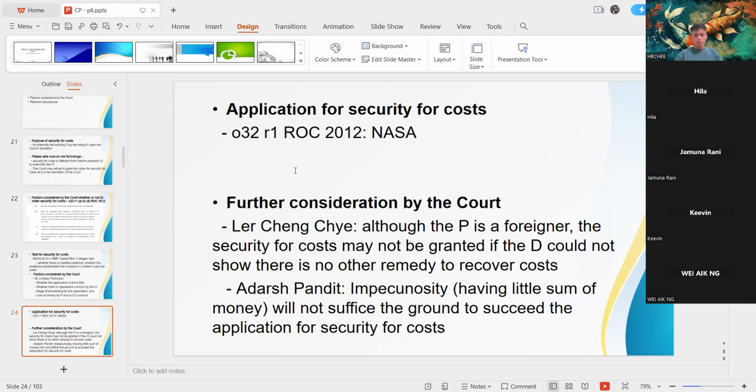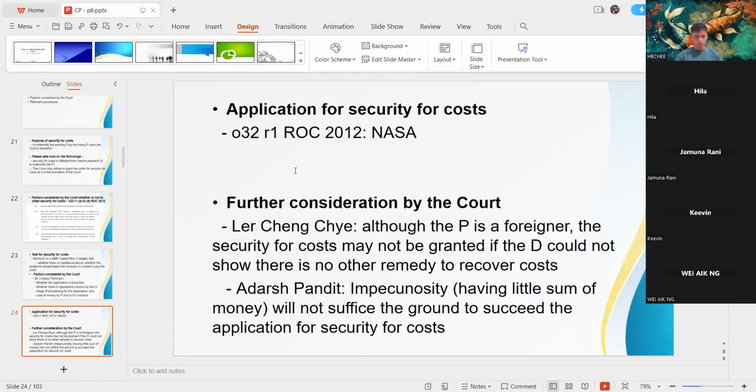So there are also certain factors considered by the court. First, in the case of Le Ching Chai, Le Lam is a very famous firm and he is the managing partner. In this case, the defendant wanted the plaintiff to provide security for costs into the court.